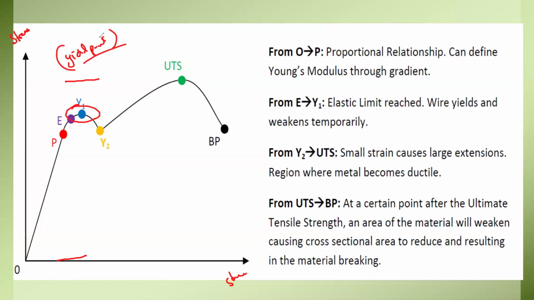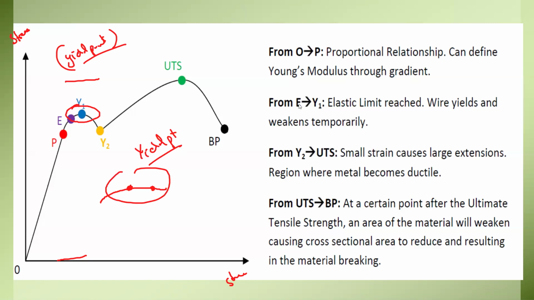What the yield point region shows is that for a very small change in the force, there's a maximum change in the length. So whenever our graph becomes almost horizontal or parallel to the strain axis, that region of the graph is known as the yield point. And anywhere within this, I can mark a point and call that a yield point region.